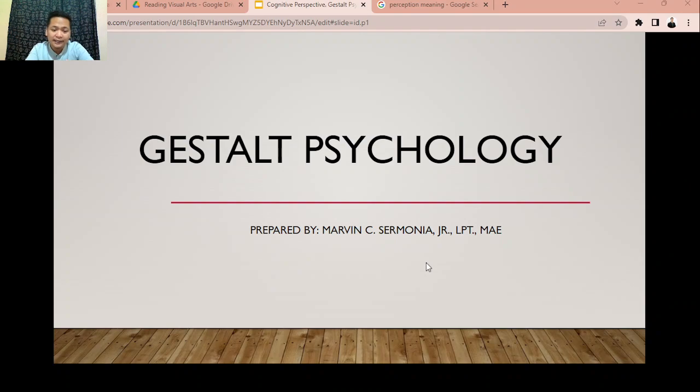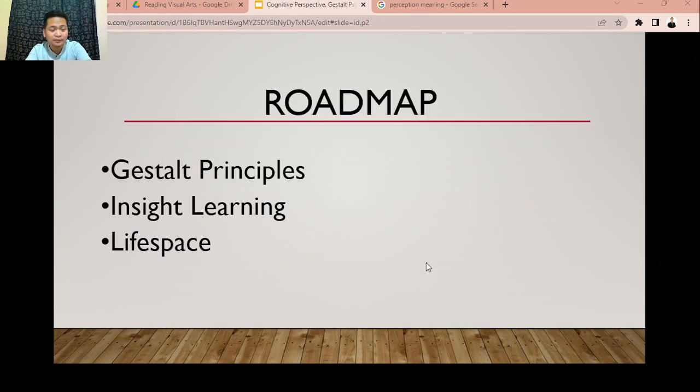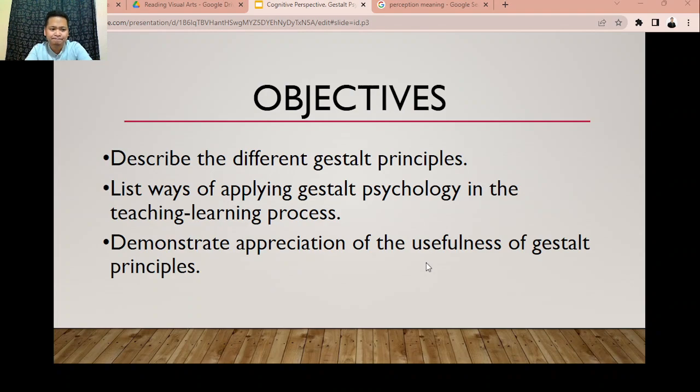In this particular discussion, I will be sharing the Gestalt principles. I will also be explaining insight learning and life space. So particularly, we will achieve the following objectives. First, describe the different Gestalt principles, and list ways of applying Gestalt psychology in the teaching and learning process.